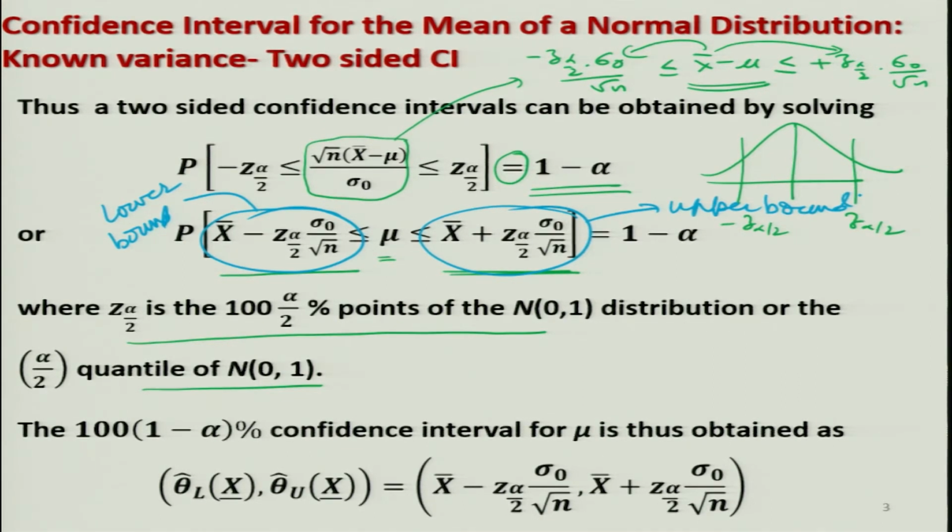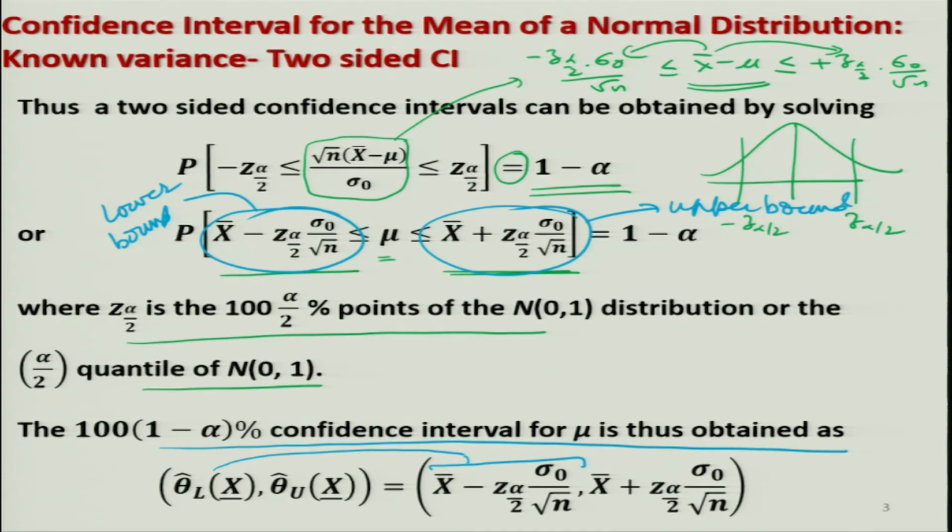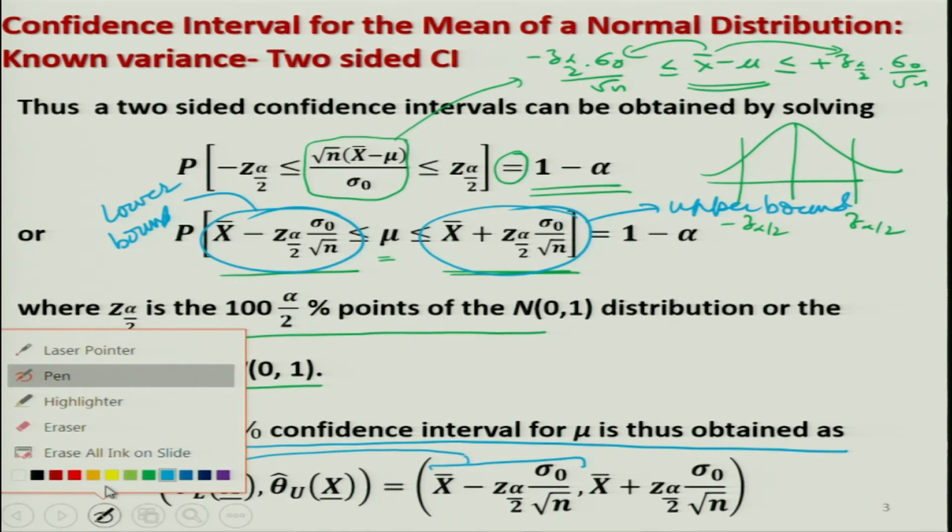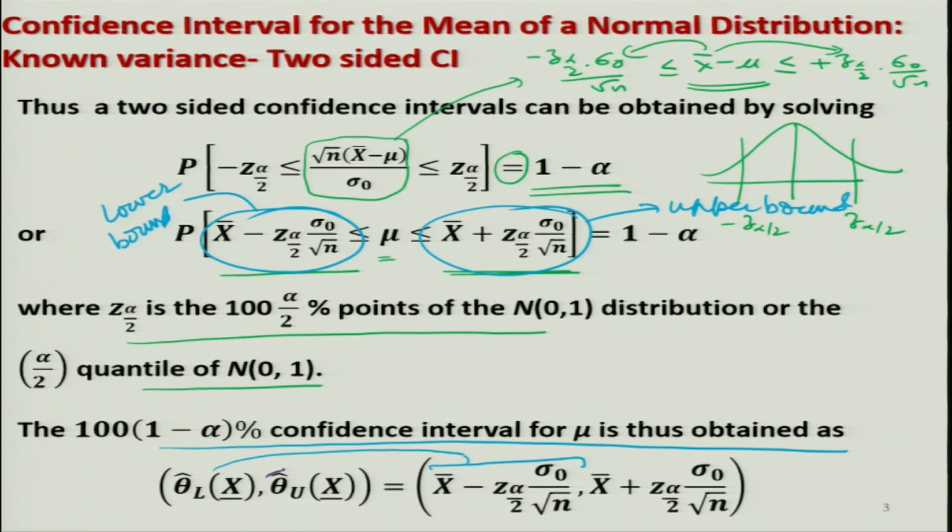Right. So, I can say now that the 100 1 minus alpha percent confidence interval for mu is like this: theta hat L x in your earlier notation is given by x bar minus z alpha by 2 sigma 0 divided by root n, and theta hat u x will become x bar plus z alpha by 2 sigma 0 divided by root n.